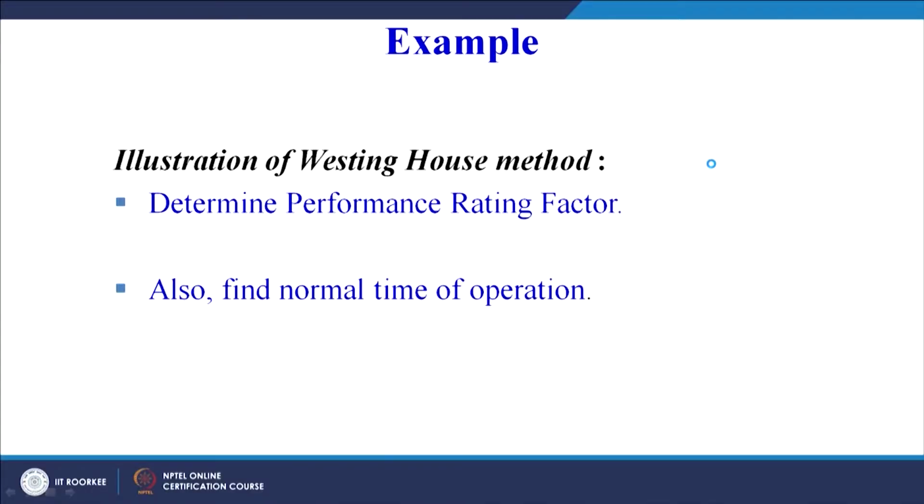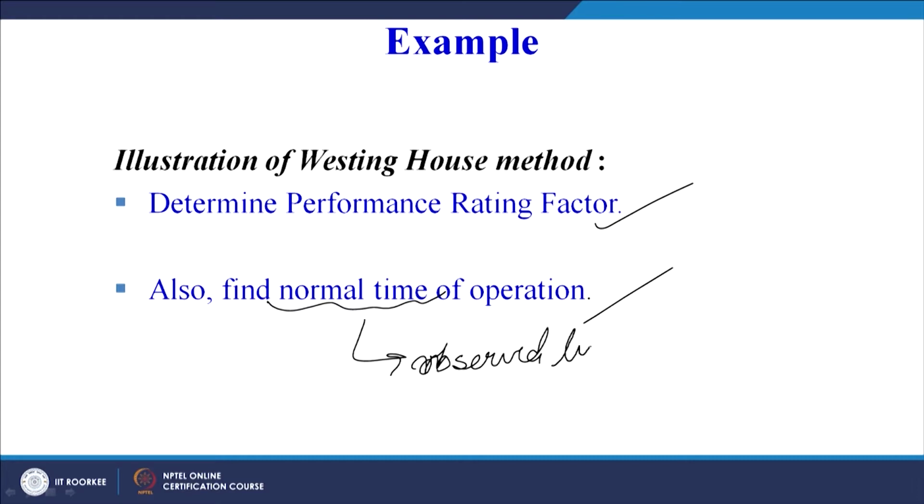Now, illustration of the Westinghouse method: we have to determine the performance rating factor and find the normal time. So normal time will be found out by multiplying the observed time by the rating factor.